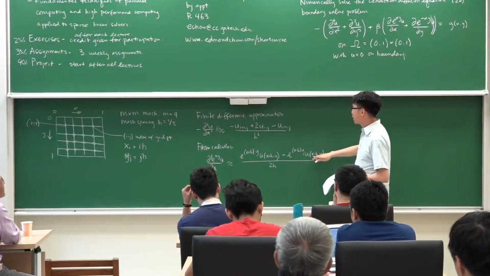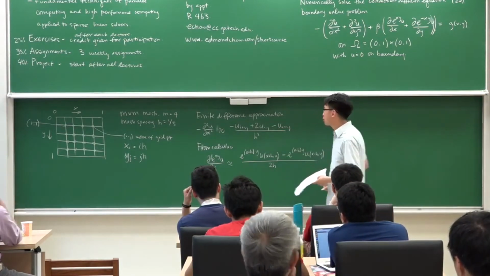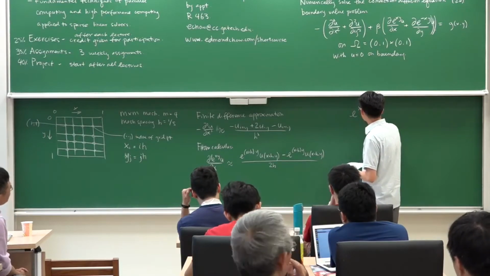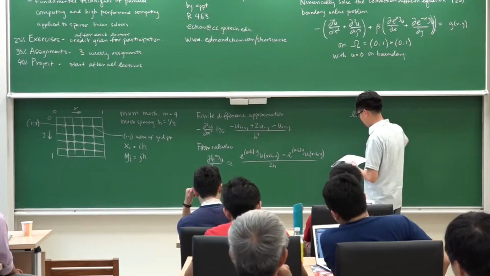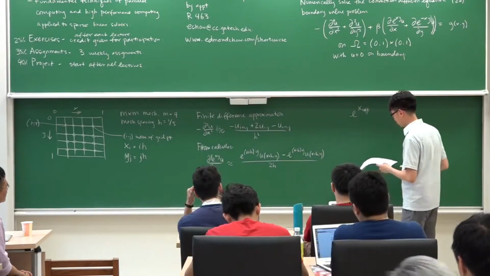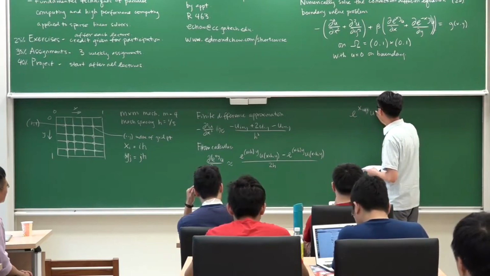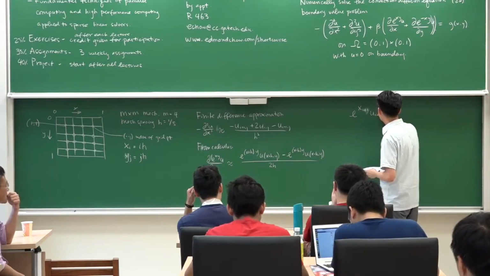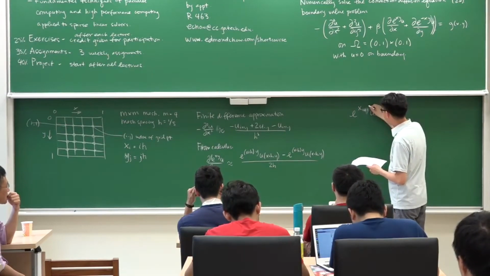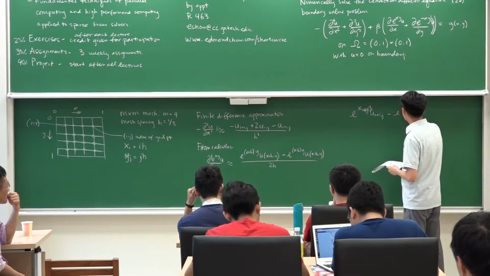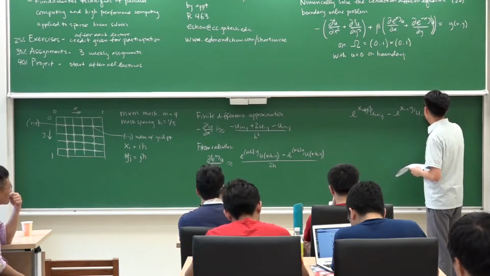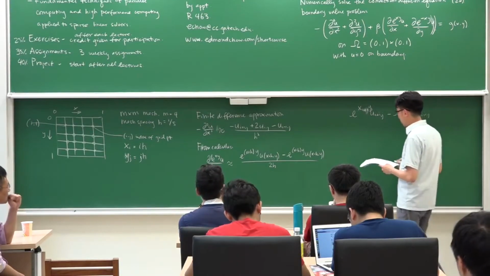We can write this in terms of the variables at each one of the grid points as e^{x_{i+1} y_j} times u_{i+1,j}, using the notation from back here, minus, I need a y as well, so y_j, e^{x_{i-1} y_j} times u_{i-1,j}, and this is all over 2h.